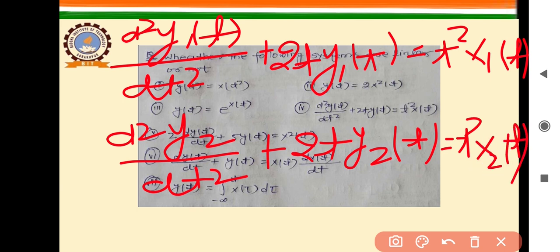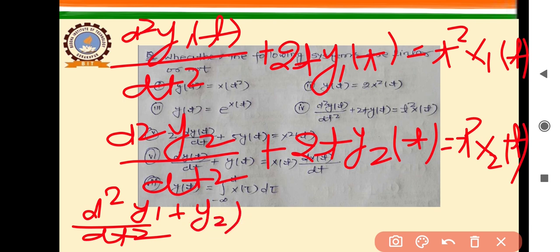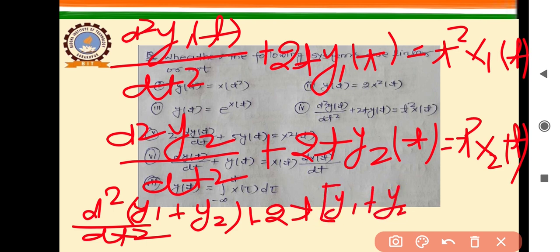Add up these two equations. We will get d square by dt square into (y1 plus y2) plus 2t (y1 plus y2) is equal to t square (x1 plus x2).